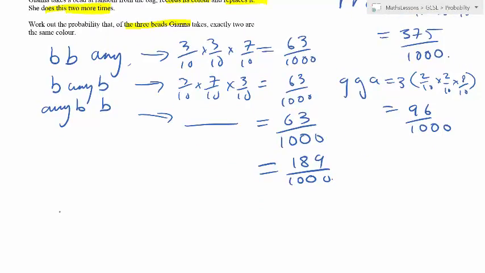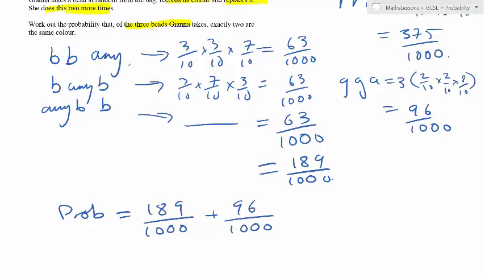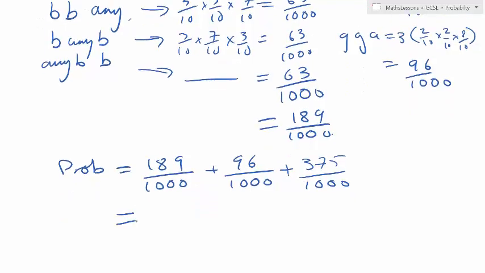So let's take those 3 results. So the probability will equal 189 over 1,000 plus 375 over 1,000 plus 96 over 1,000. Note, I haven't cancelled down because it makes it easier to add these up. Let's work out what those equal.